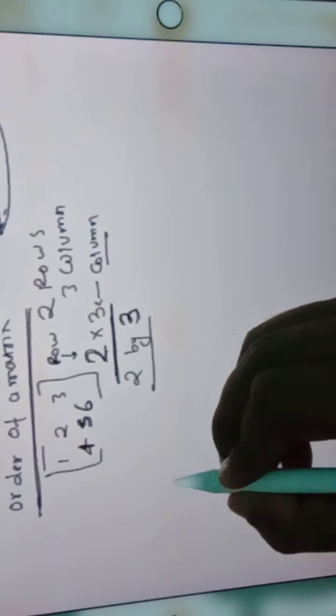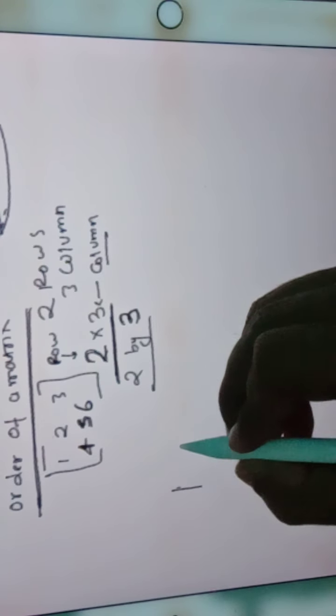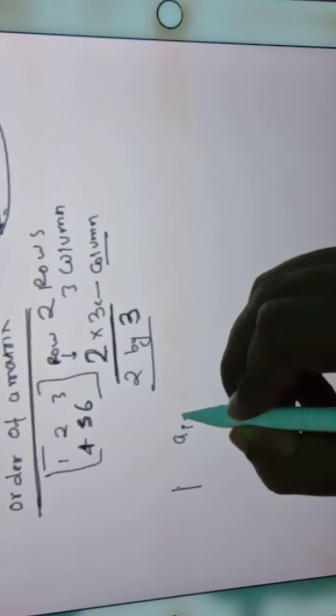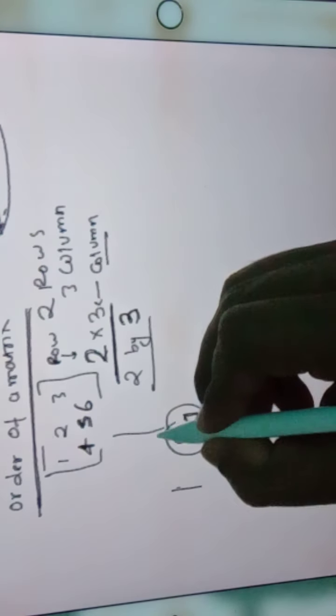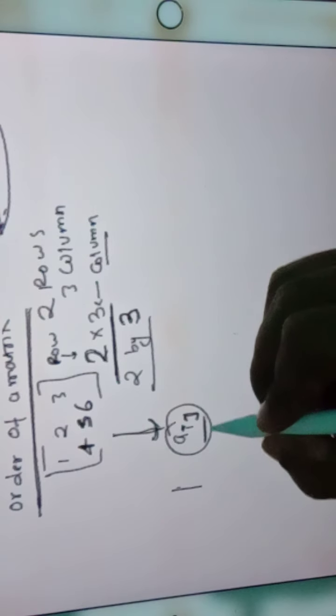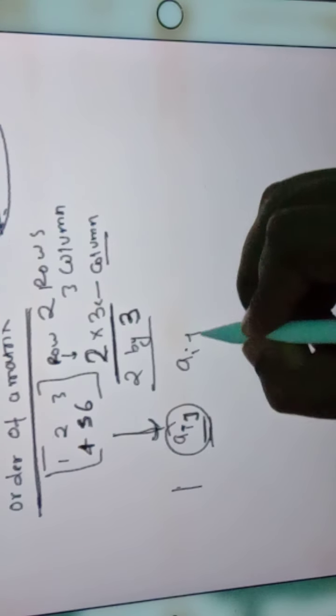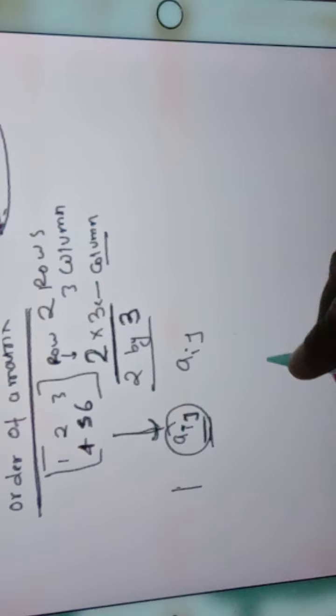Now going to the next one. Now going to element. We represent an element as Aij. An element means a number which is written in the bracket. It is denoted as Aij.